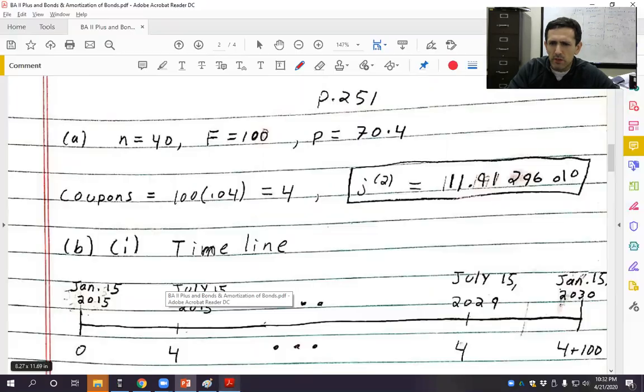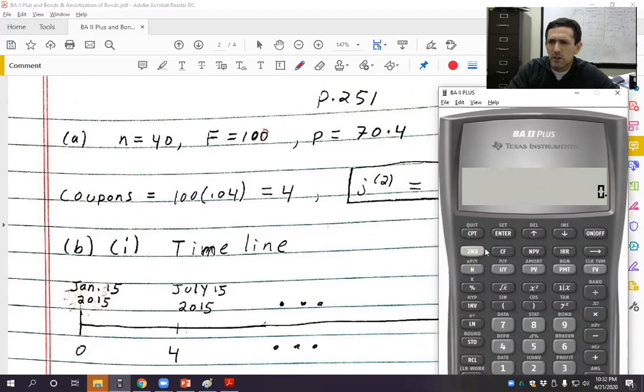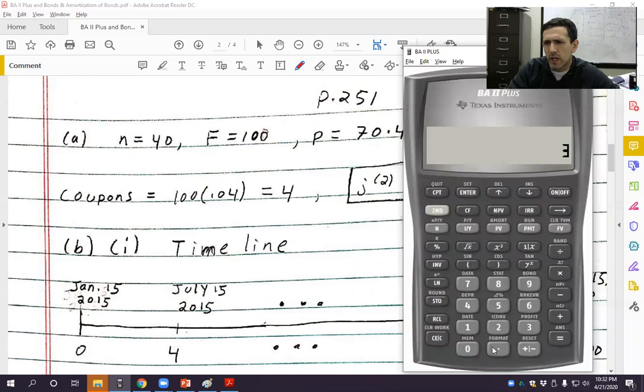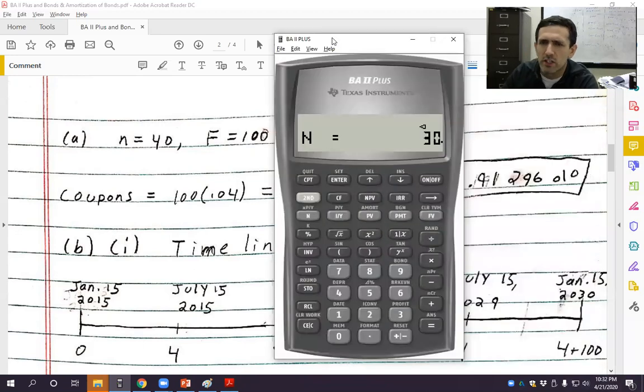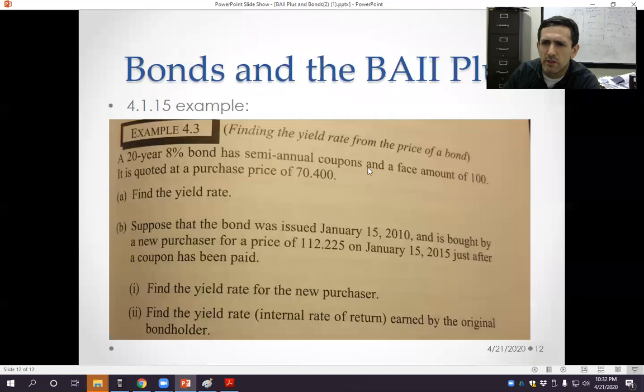So in particular, what are we going to enter? Well, clear TVM. So 30 is the number of 6-month periods we have. So 30 N. This person purchased the bond for 112.225.